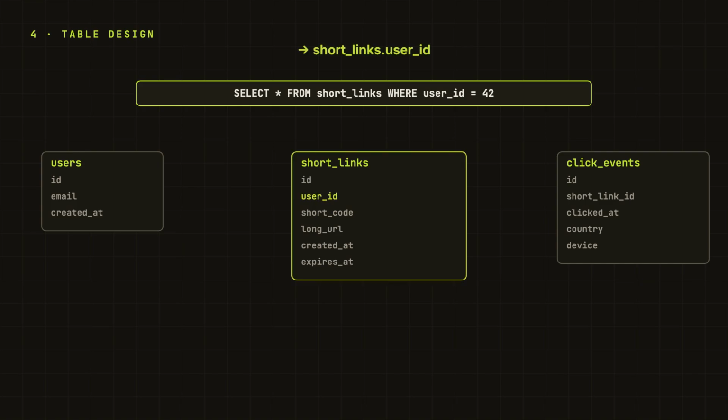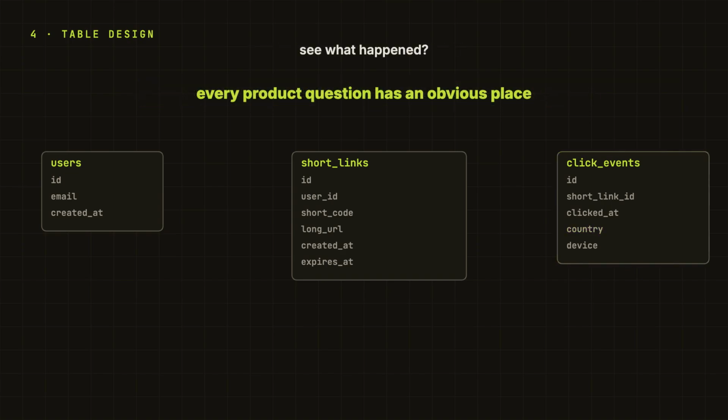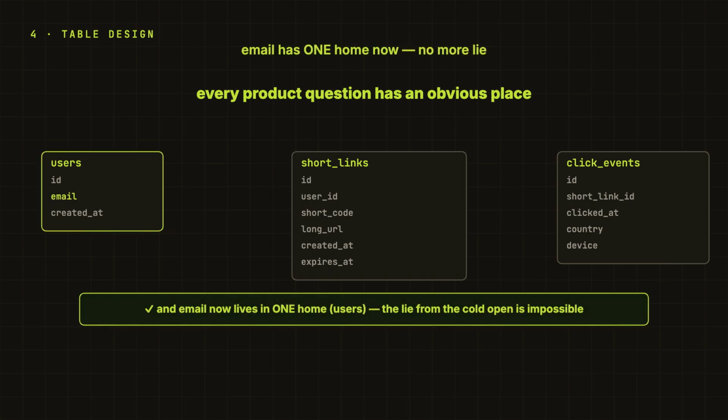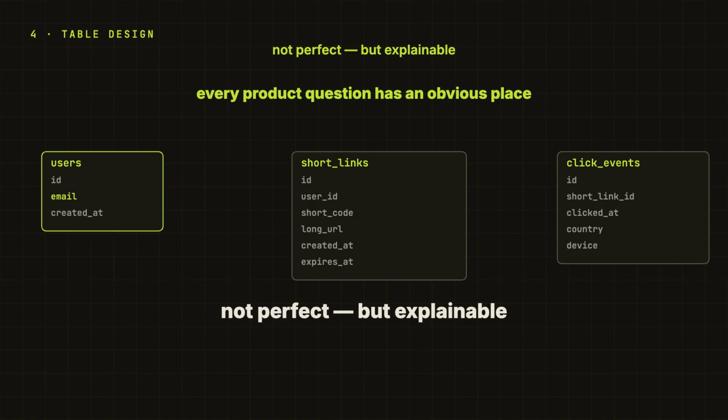Find rows in short links where user ID matches that user. Record the click. Insert one row into click events. Show click analytics. Count click events grouped by link, country, or device. See what happened. We did not create tables because a diagram told us to. We created tables because every product question now has an obvious place to go. That is what a good first schema feels like. Not perfect but explainable.